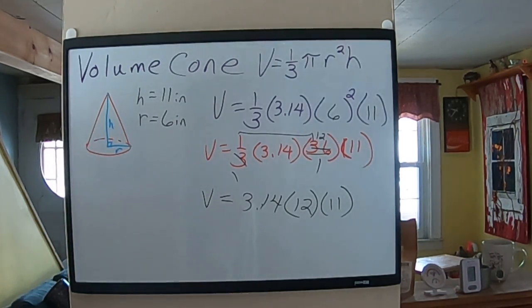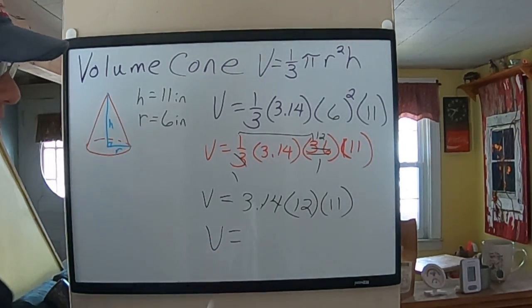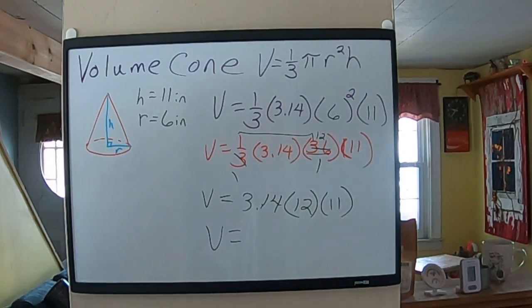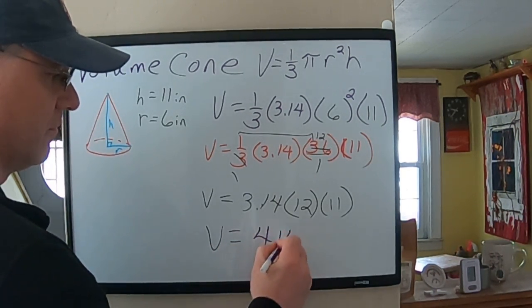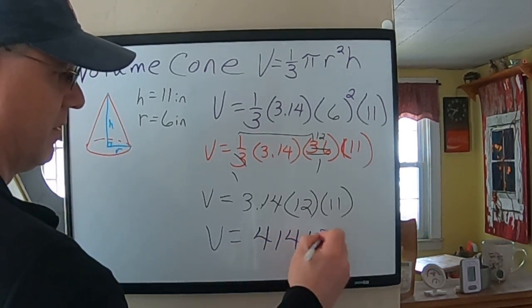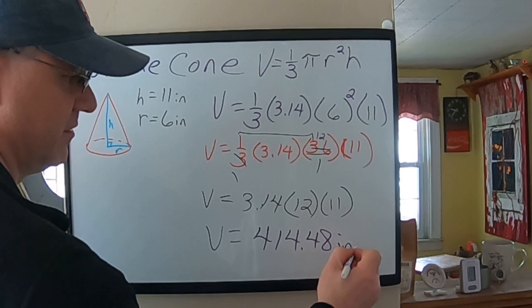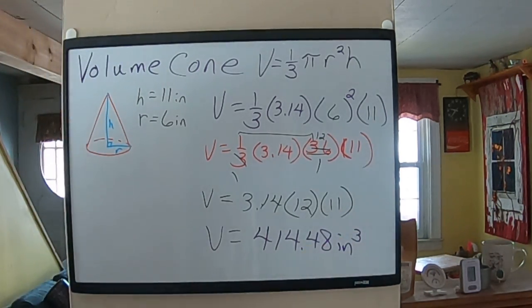And when I multiply all of that up, 3.14 times 12 times 11 gives me 414.48. And this is inches cubed. And that's how you work with volume of a cone.